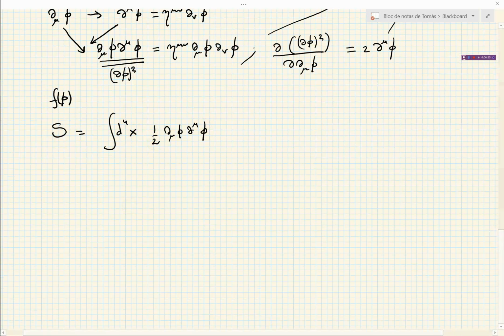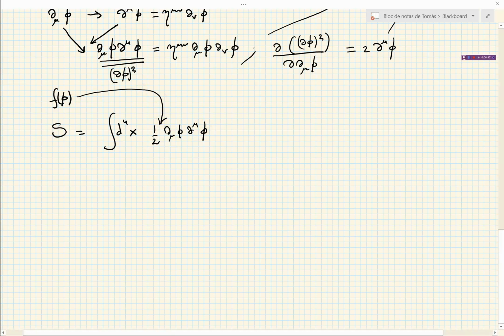This is the basic term. If we allow for higher derivatives, okay, we could have powers of this, this raised to any power, or more terms like this, with partial phi raised to some power. Another thing that we can have is that we could add a function like this over here.